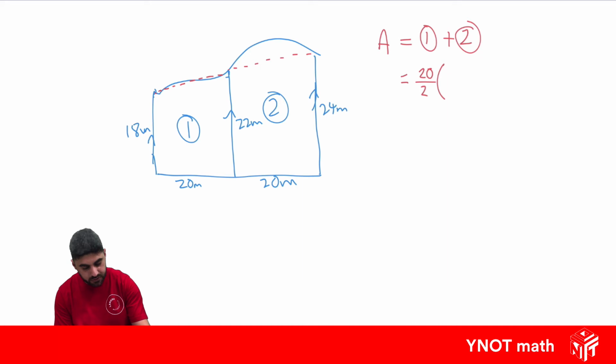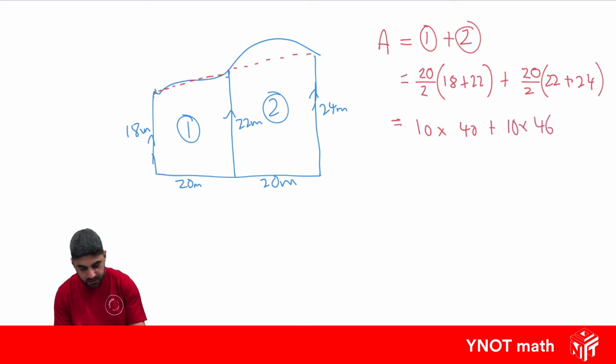It's 20 over 2 times our parallel sides added together, so 18 plus 22, plus our second one, where again the height is 20 over 2 times the two parallel sides added together, which is 22 plus 24. So we're going to get 10 times 40 plus 10 times 46. So we're going to get 400 plus 460, which gives us 860 meters squared.